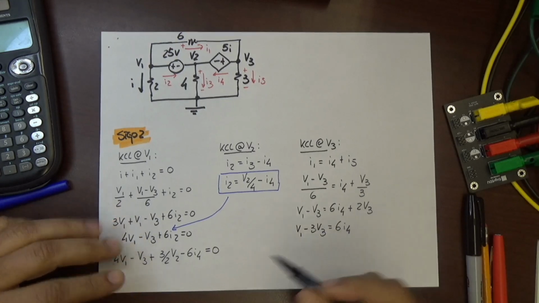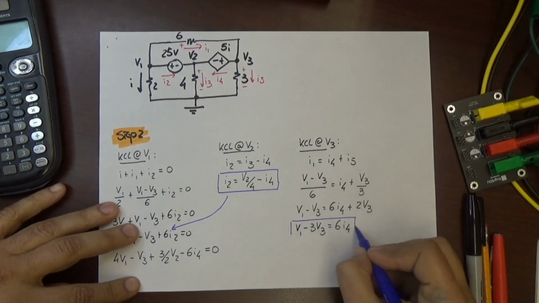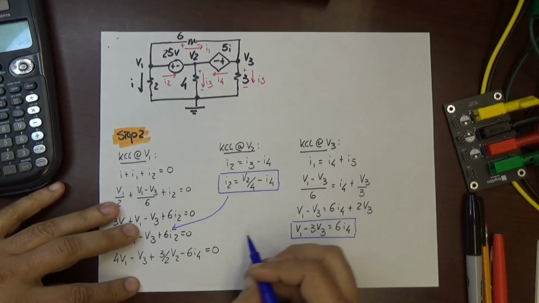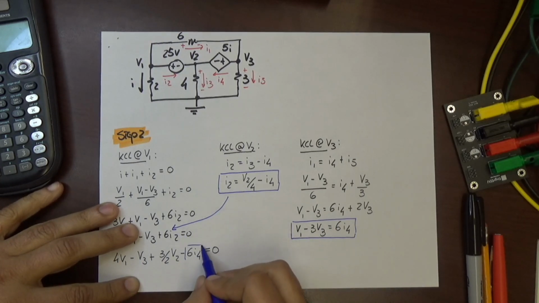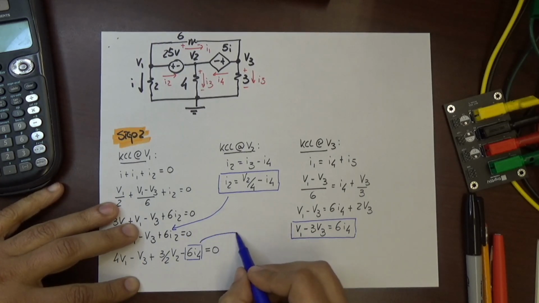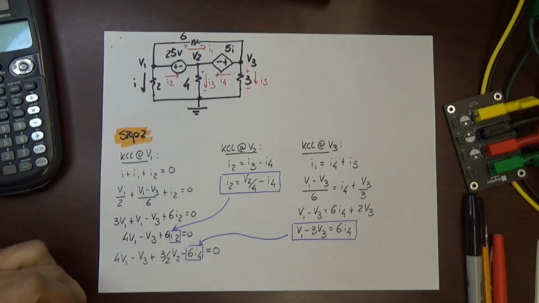All right, that's what I'm going to do. I'm going to substitute all that into this part over here. Just for consistency, let's just put that. All right, and let's see what we get.